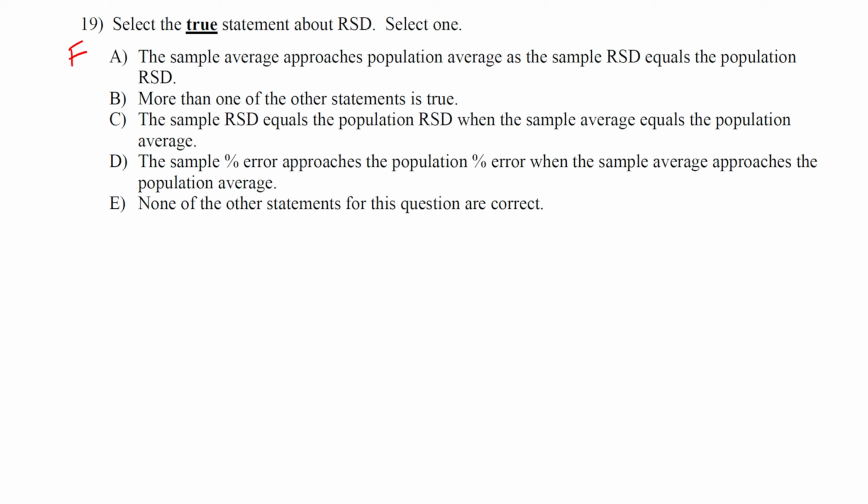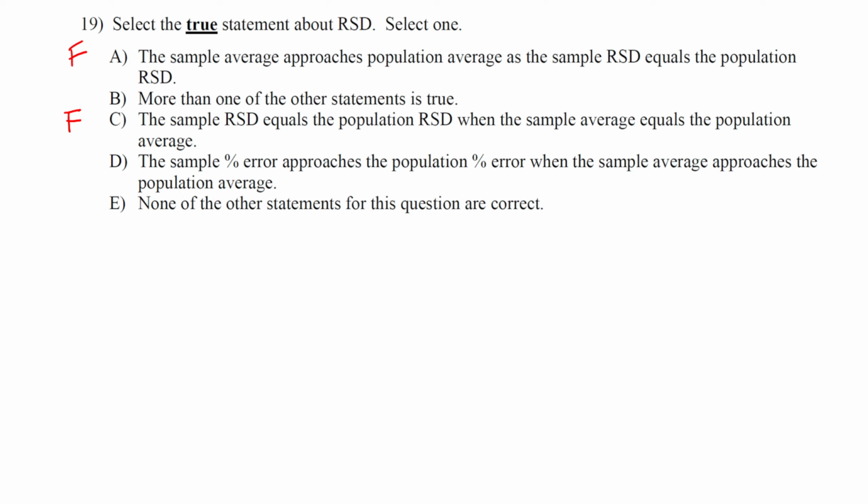We're going to skip B. The sample RSD equals the population RSD when the sample average equals the population average. This is also false, right? Because you can go back and forth across this population average multiple times on your way to actually the population. So that will not occur.